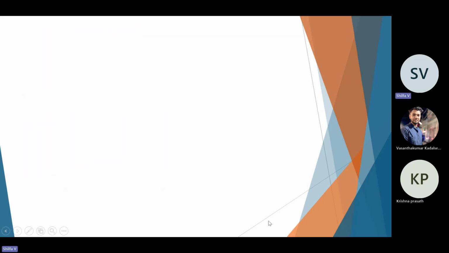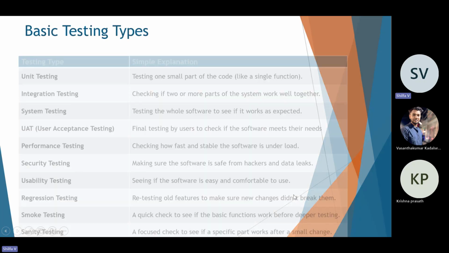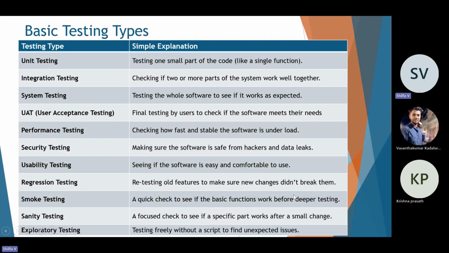In the next slide, this is a small, simple explanation of all the testing. You no need to be confused about each and everything. Each one is different, but with a similar difference. Unit testing is testing a small part of the code.